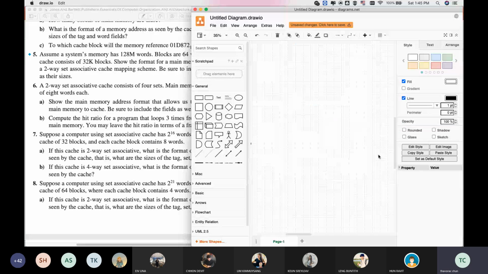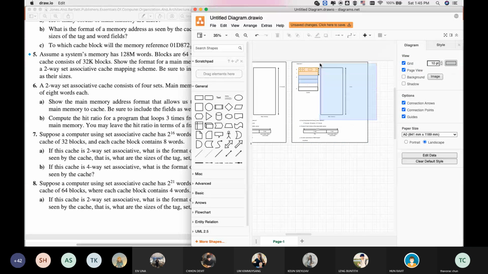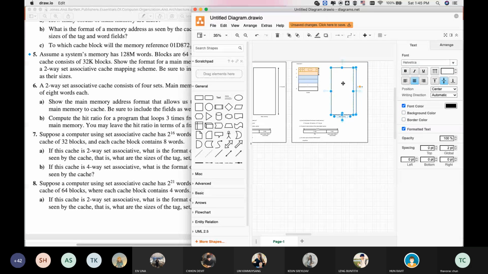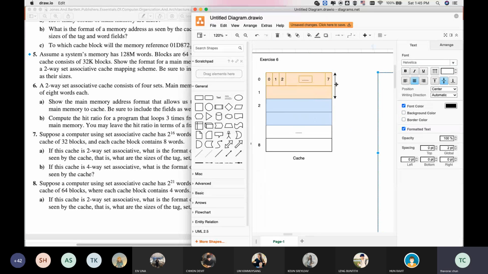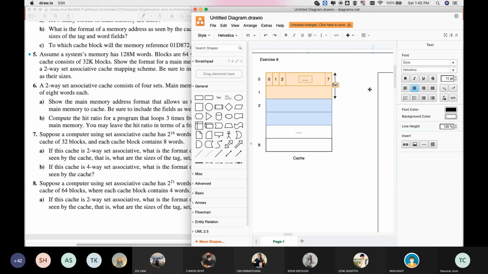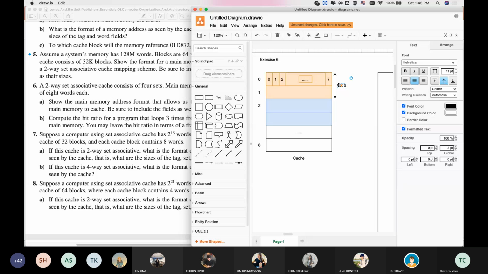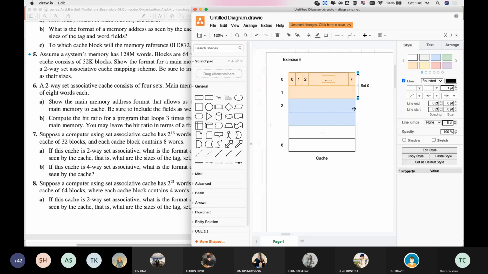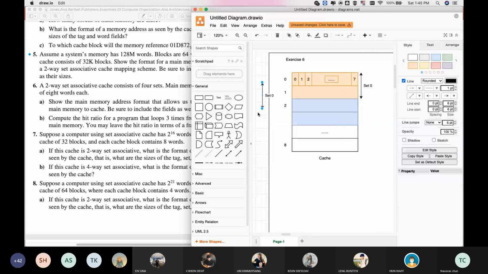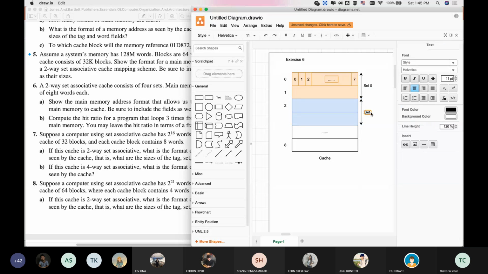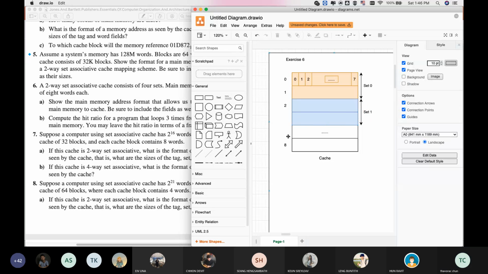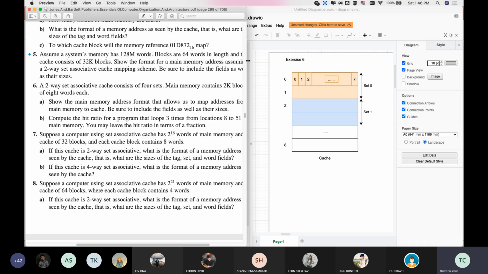Make it bigger. And so this is a set, and this is set number 1. And we have 4 sets in total.